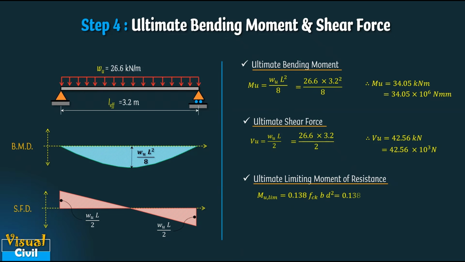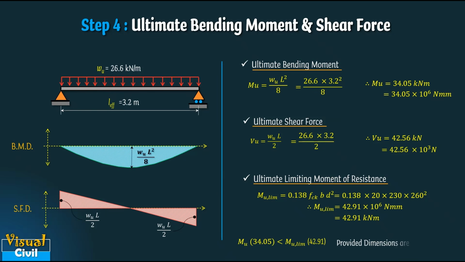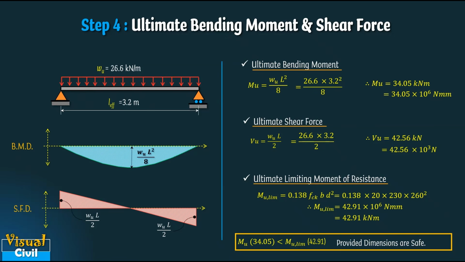By putting all the values, we get the moment of resistance equal to 42.91 kilonewton meter, which is more than the acting bending moment of 34.05 kilonewton meter. Hence, the initially assumed sectional dimensions of the beam are adequate and safe, and we can say the section is under reinforced.